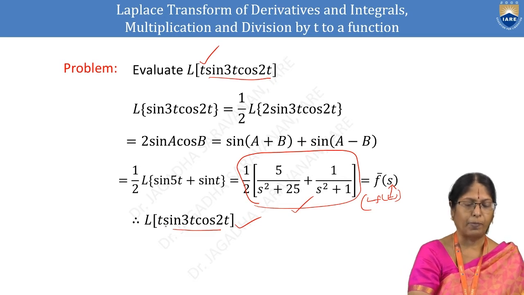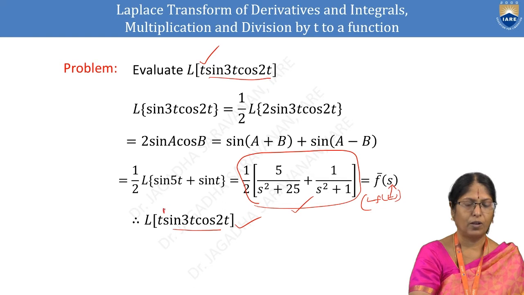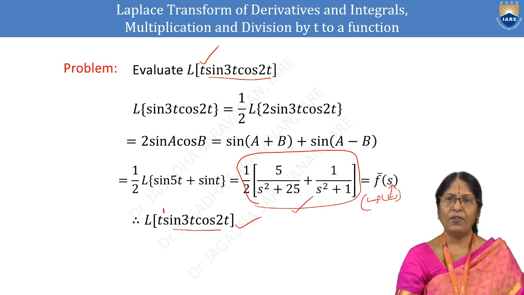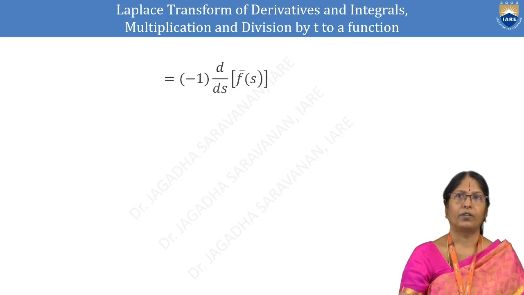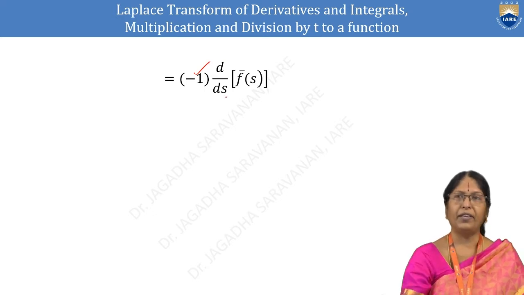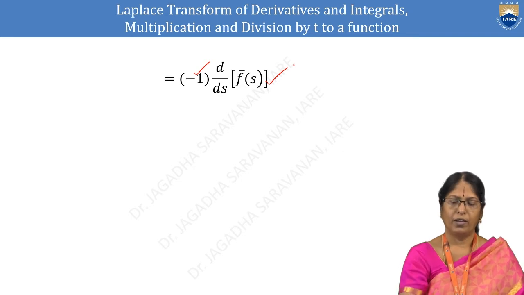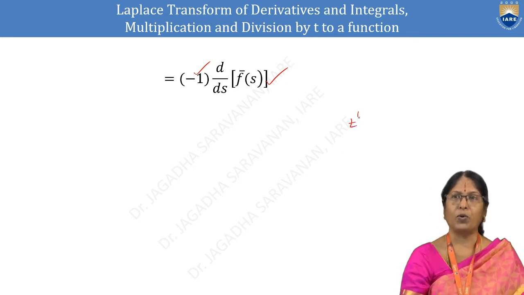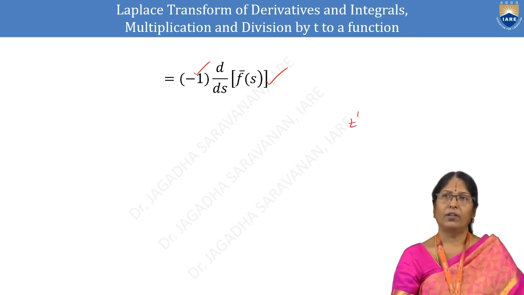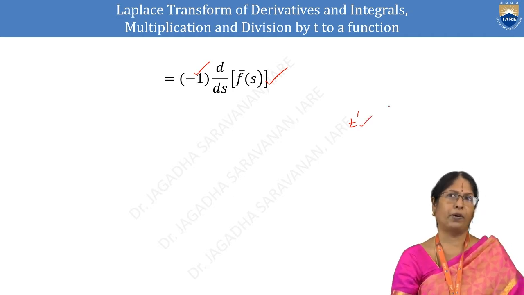And if it is multiplied by t, that means the t power is 1. If it is t power 1, we use the formula minus 1 d by ds of f bar of s, because it is t power 1, according to our problem.